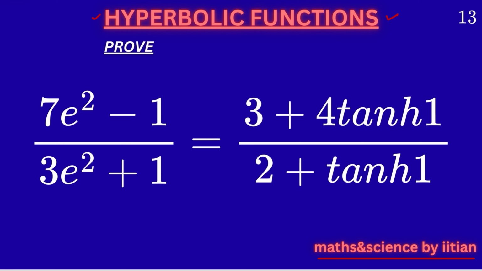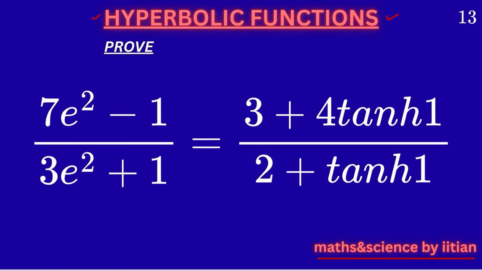Now, in this lecture, we will talk about the very important topic of hyperbolic functions. We will define sin hyperbolic x, cos hyperbolic x, and what is the difference between the unit circle sin x and cos x and the unit hyperbola sin hyperbolic x and cos hyperbolic x.